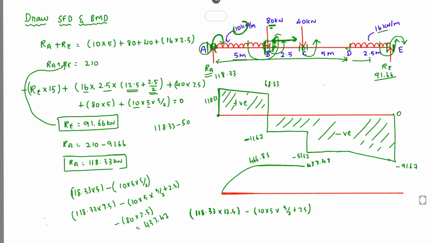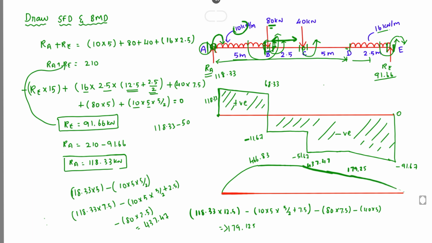Again minus 80 kilonewton into the total distance 7.5, again minus 40 into 5 meter. Solving this we got the value of 179.125. So next thing is here the value will be 0.